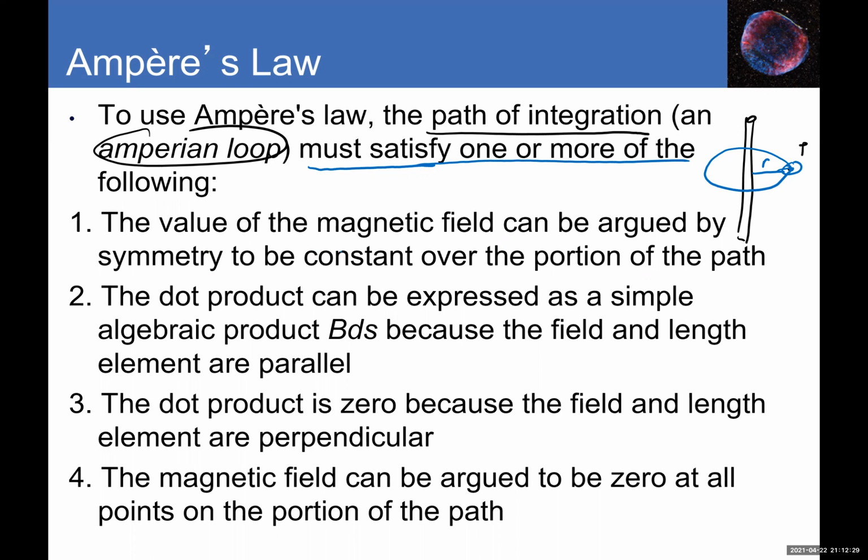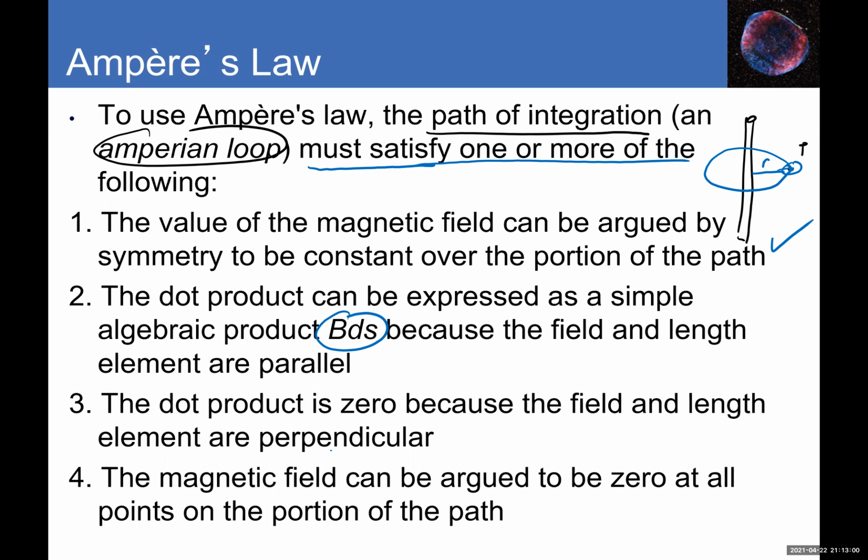Condition 1: the value of the magnetic field can be argued by symmetry to be constant over the portion of the path. That means you want the magnetic field to be constant and uniform so you can remove it. Condition 2: the dot product can be expressed as a simple algebraic product, B ds, because the field and length elements are parallel. Condition 3: the dot product is zero because the field and length elements are perpendicular.